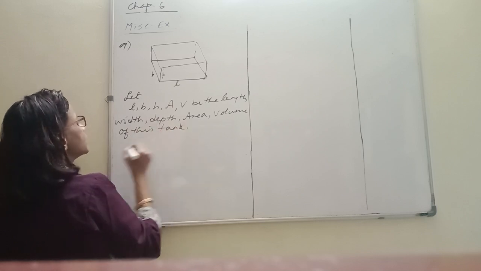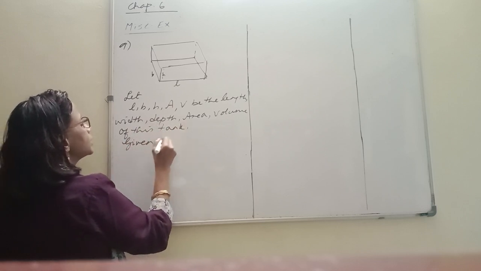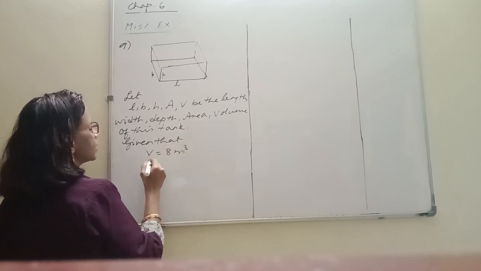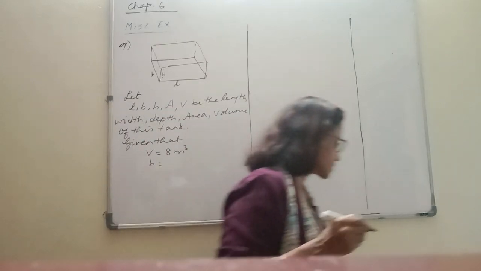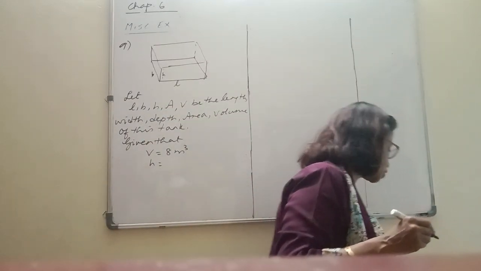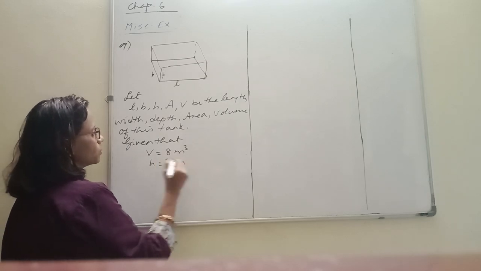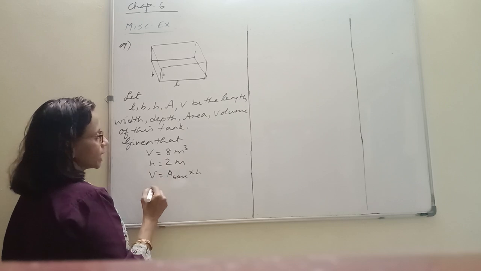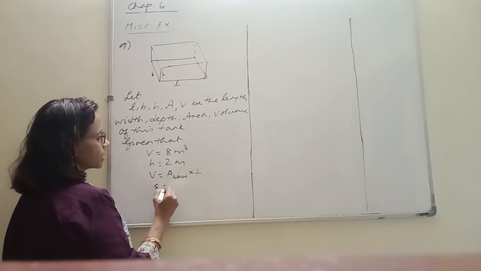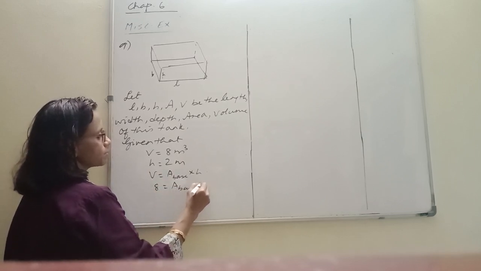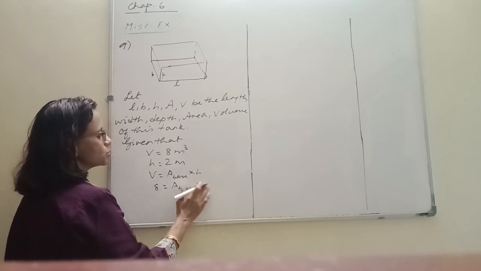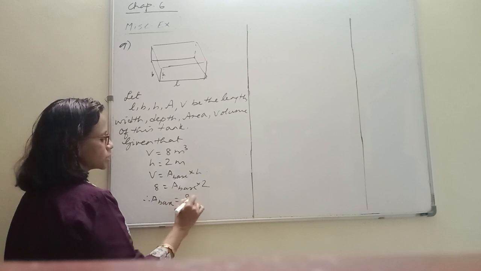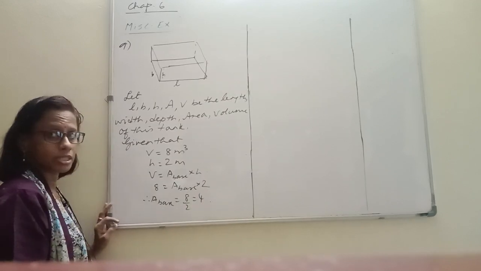Now it's given that the volume is 8 meter cube, and the height or the depth is 2 meters. We all know that volume is always area of the base times height. Height for us is 2, so we get the area of the base as 8 over 2, which is 4. So the area of the base is 4.